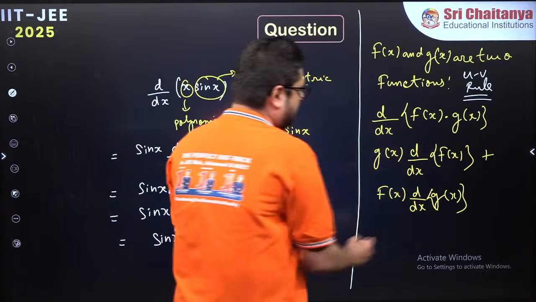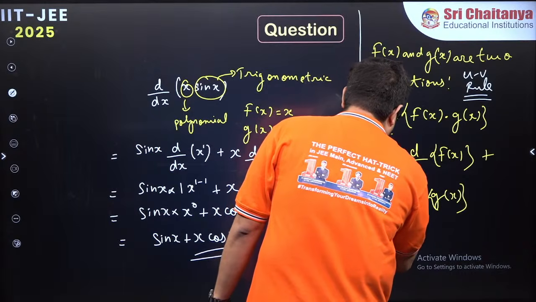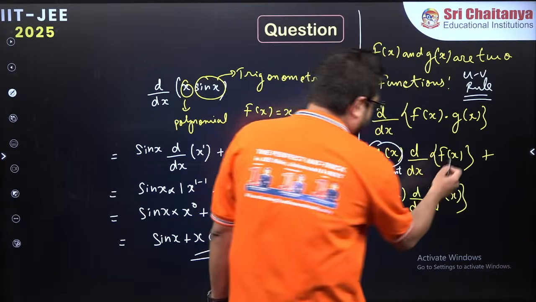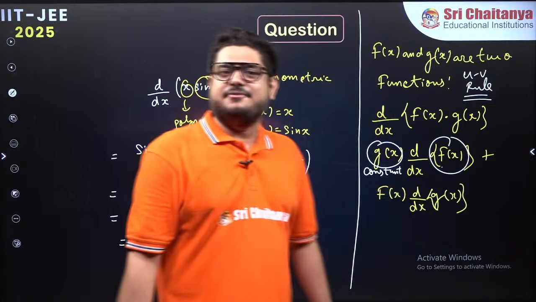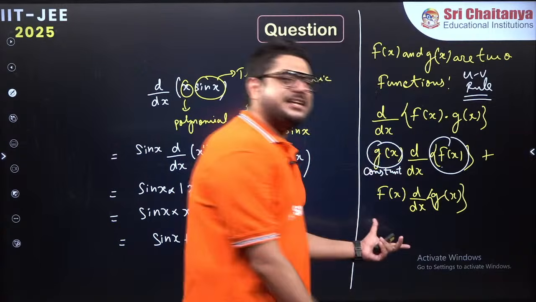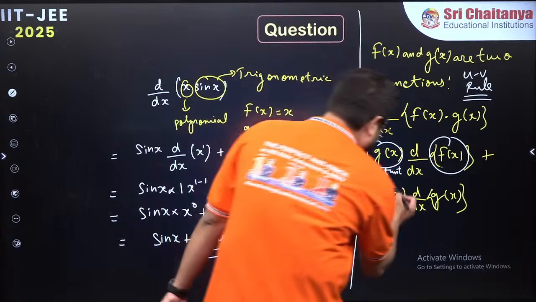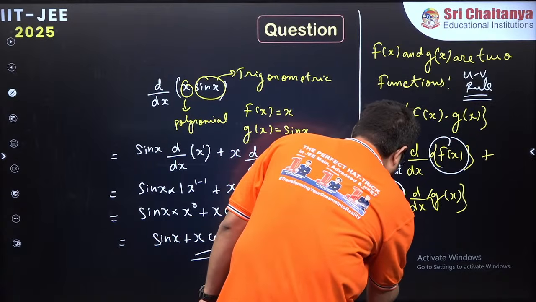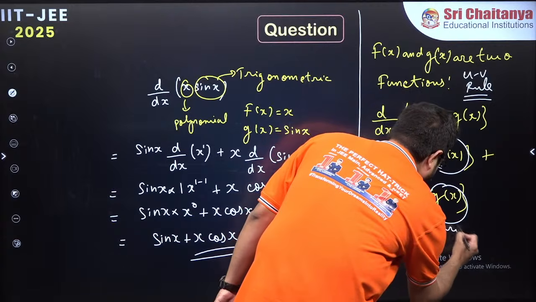First of all, you are taking g(x) as a constant, and only then you can differentiate the variable. That's why we are doing d by dx of f(x). Then plus, f(x) is chosen as a constant and g(x) is chosen as a variable.